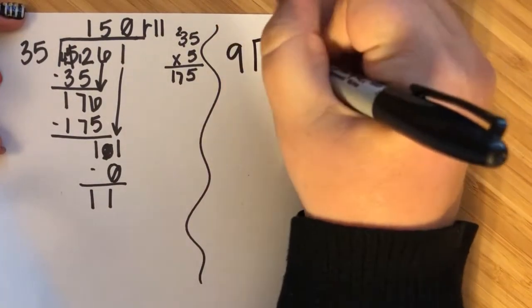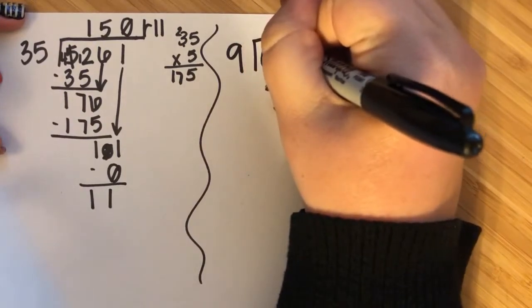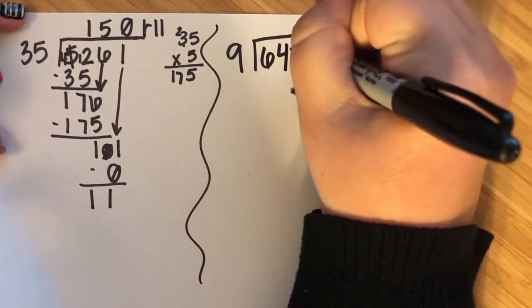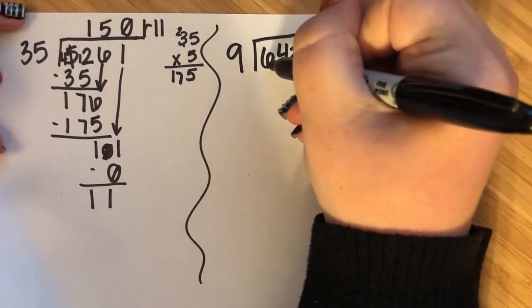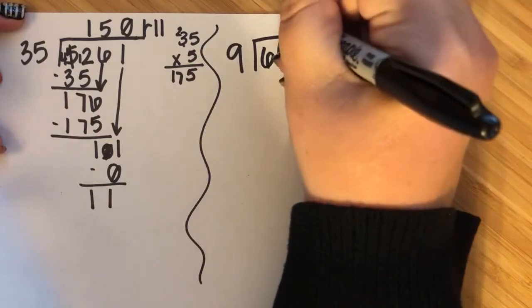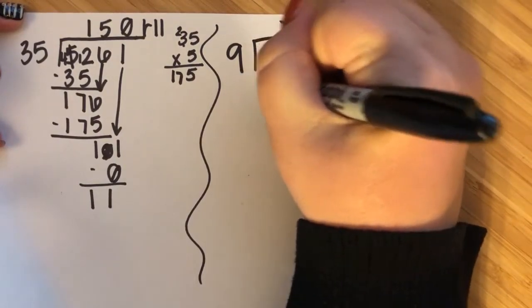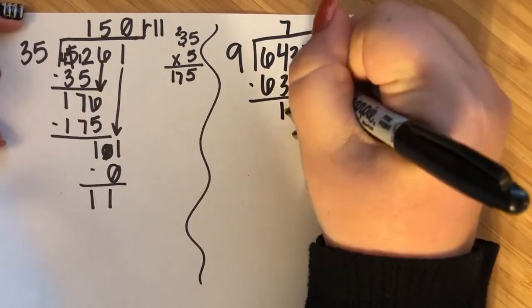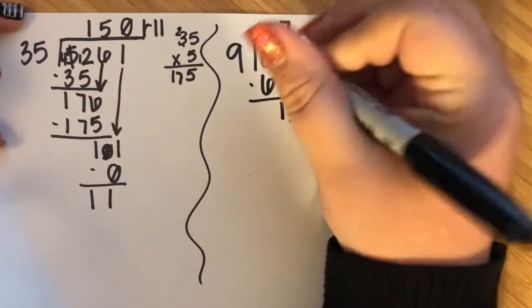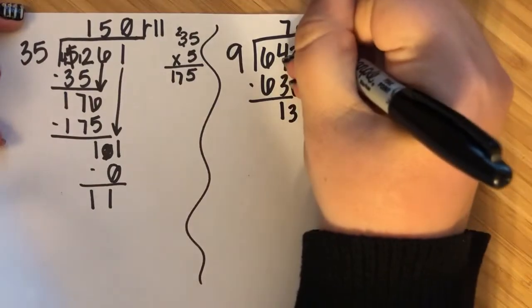Let's see. I have a divisor of 9 and a dividend of 6,437. Well, I know 9 can't go into 6, but 9 can go into 64 7 times. Now, I know that because 9 multiplied by 7 is 63. 64 minus 63 is 1. I bring down the 3. 9 goes into 13 once.